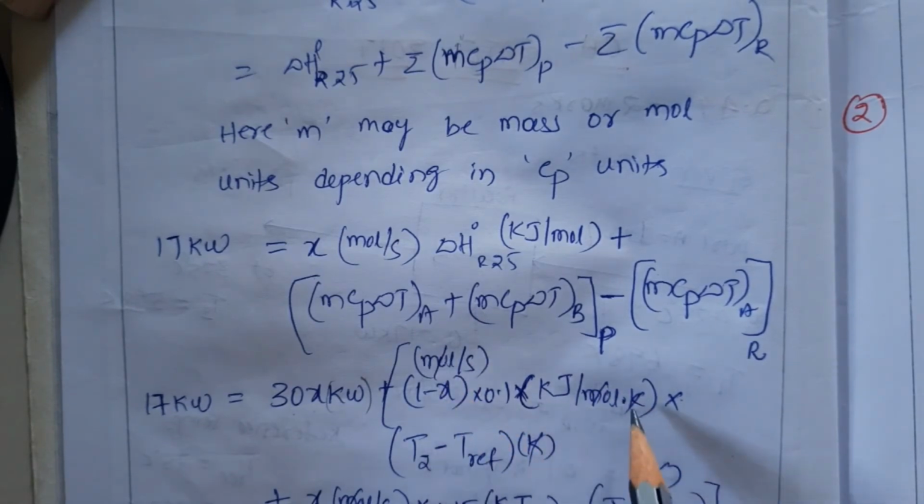Moles get cancelled. Kelvin temperature, the final product temperature minus the reference temperature, here this will be Kelvin, this will get cancelled. You will get kilojoule per second, which is kilowatt.